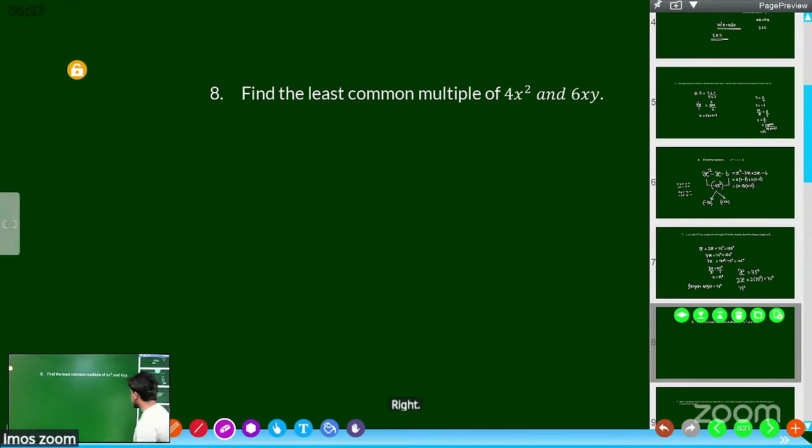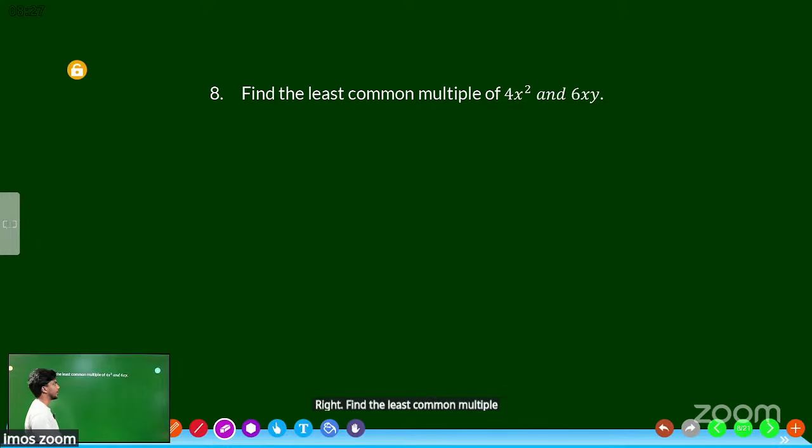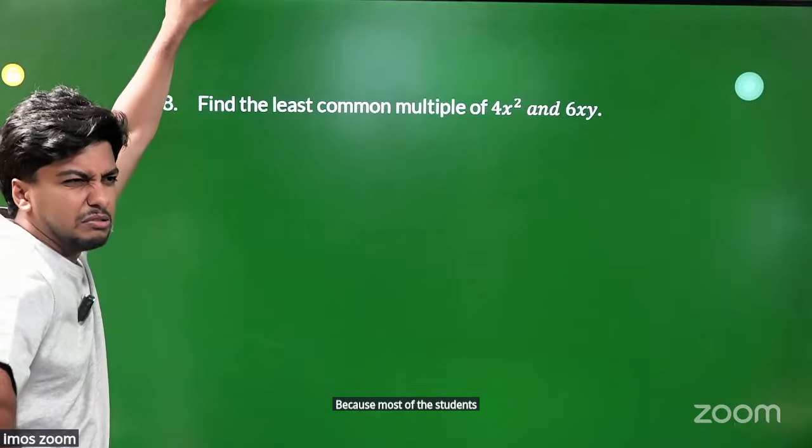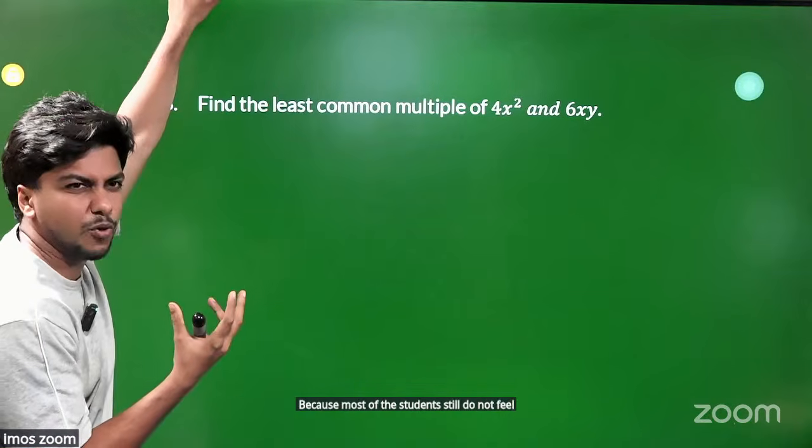Find the least common multiple of 4x squared and 6xy. Most of the students still do not feel what is meant by the least common multiple.